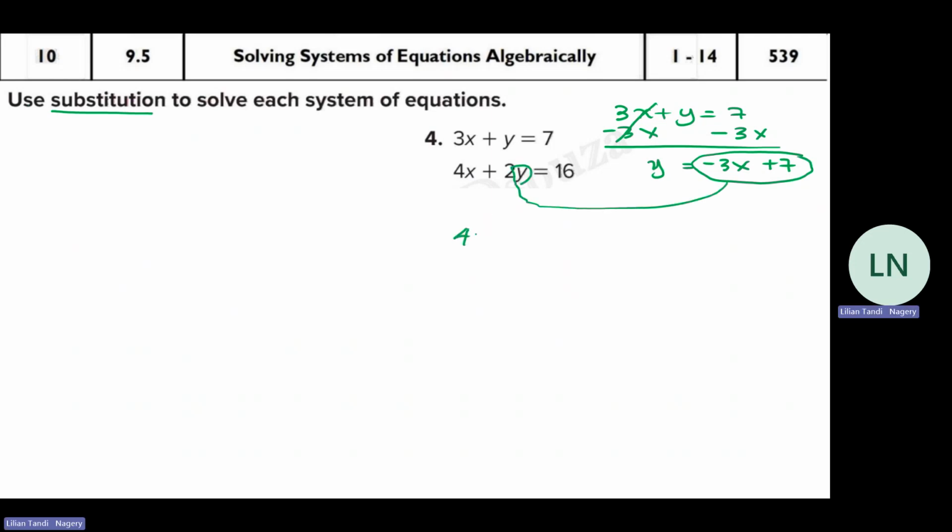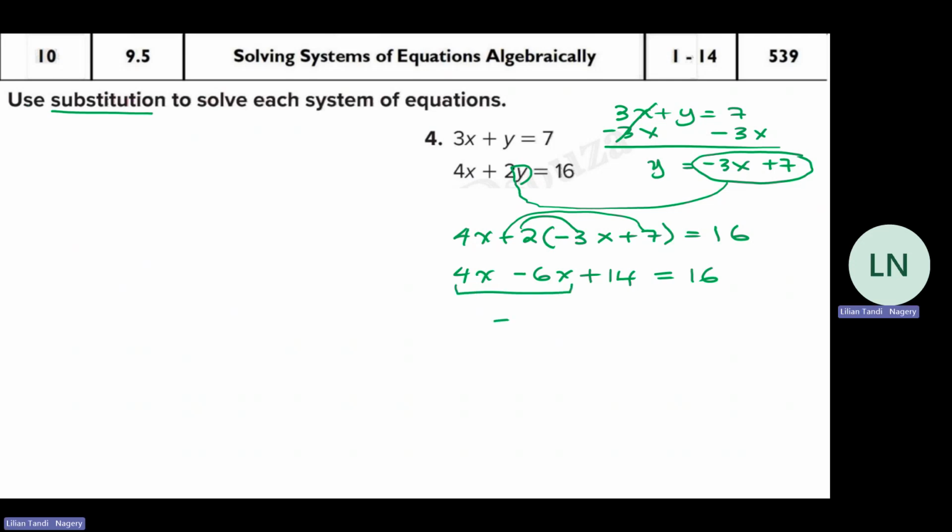So 4x plus 2 parenthesis negative 3x plus 7 equals 16. So that would be negative 6x and positive 14 equals 16. This gives me negative 2x plus 14 equals 16.